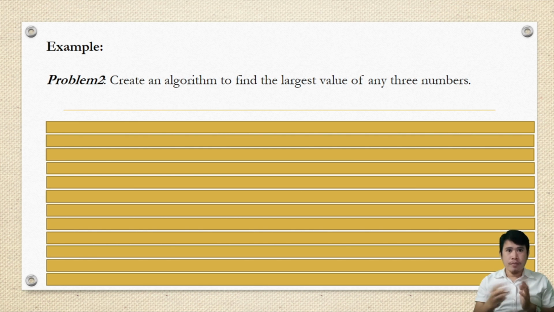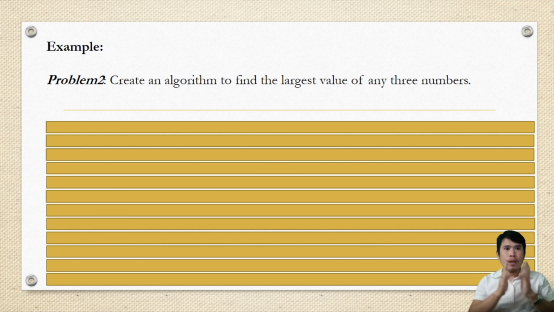Is it 5? Or is it 3? So, syempre, since we will compare 3 numbers, then we have to create holders or variables to hold these 3 numbers. So, mag-need ta og 3 variables na atong i-input.